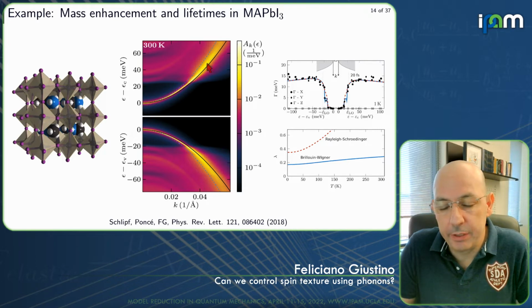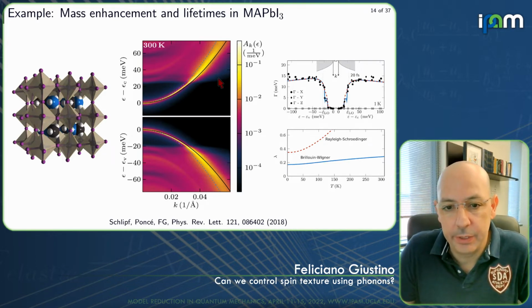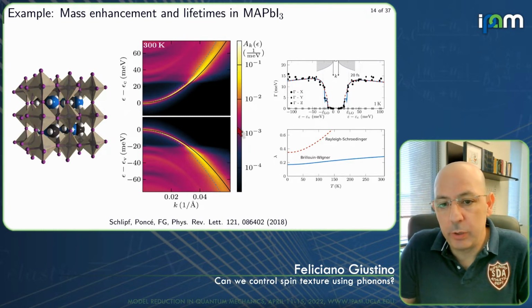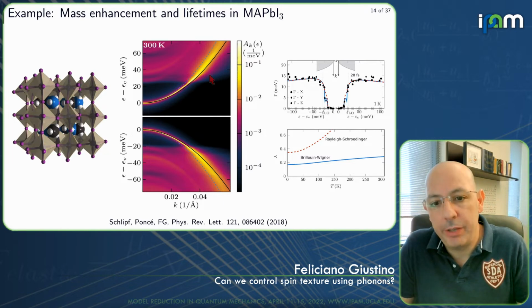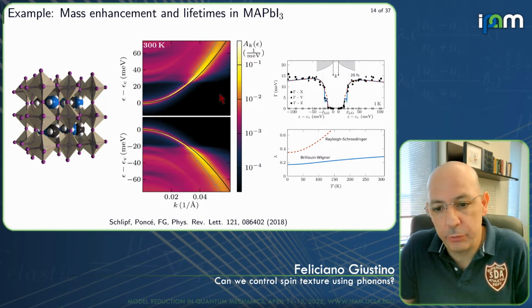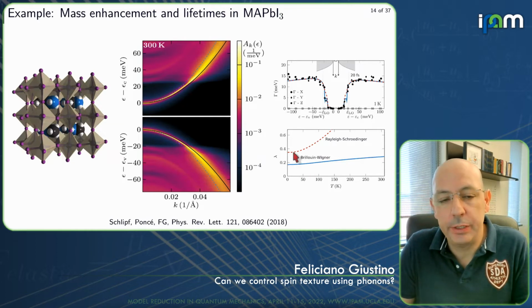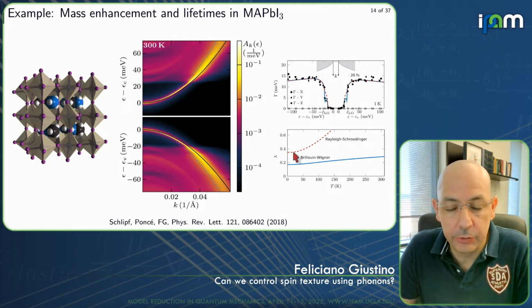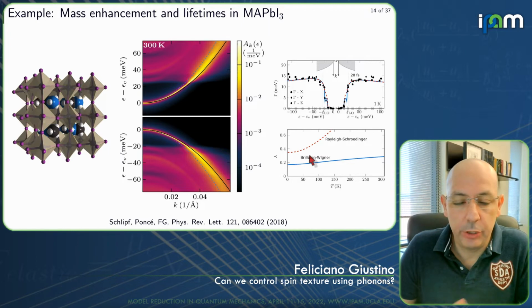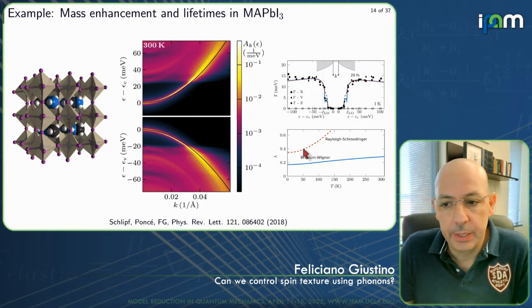The main effect is that the curvature has decreased, and therefore you have heavier carriers, heavier electrons, heavier holes. This can be quantified by looking at how much heavier your mass will be after electron-phonon interactions are taken into account, and the values are in the order of 20 to 40% at very low temperature, depending on the technique used to perform the calculation.